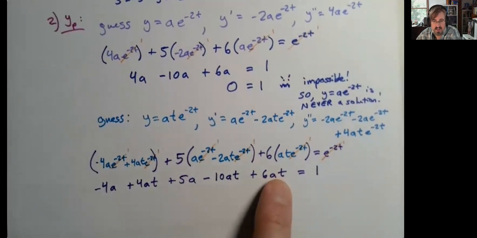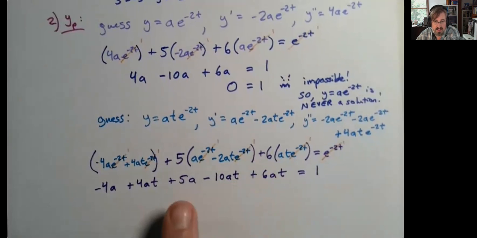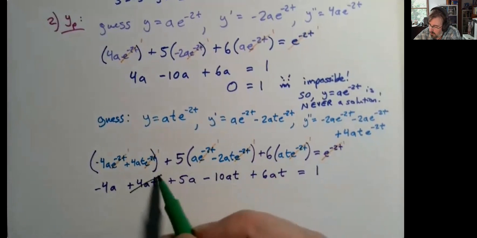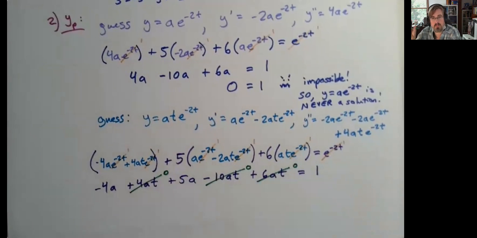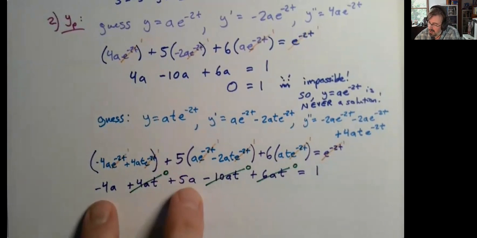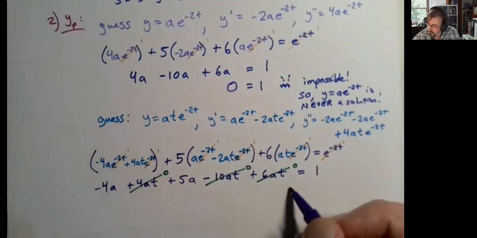So 6at minus 10at plus 4at, those all go away. Those sum together to equal 0. And all I'm left with now is a little bit more manageable, a equals 1.